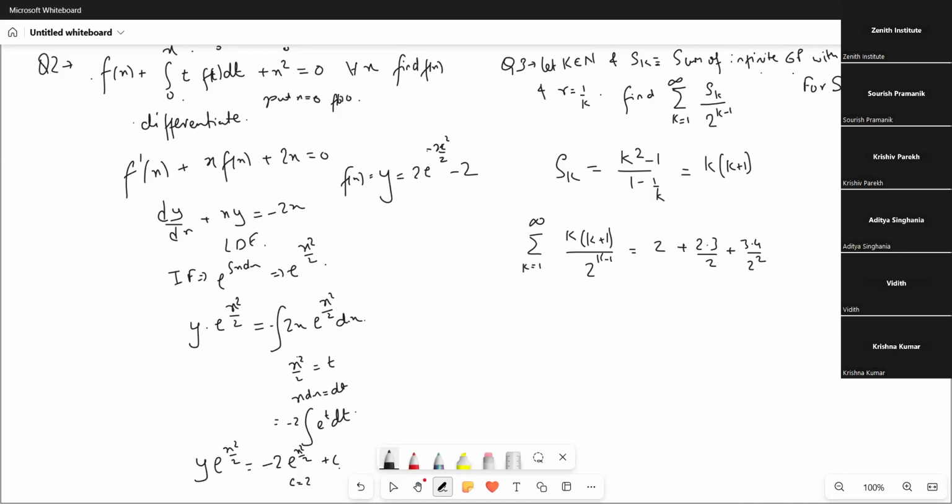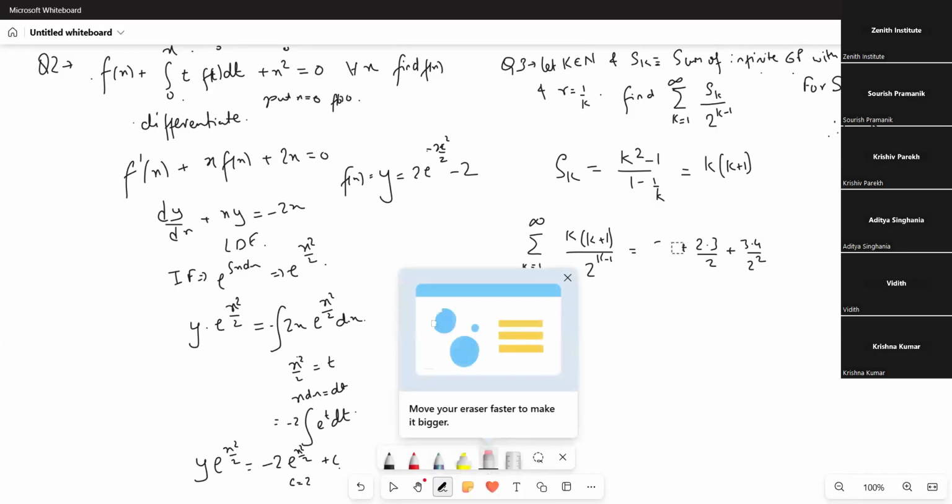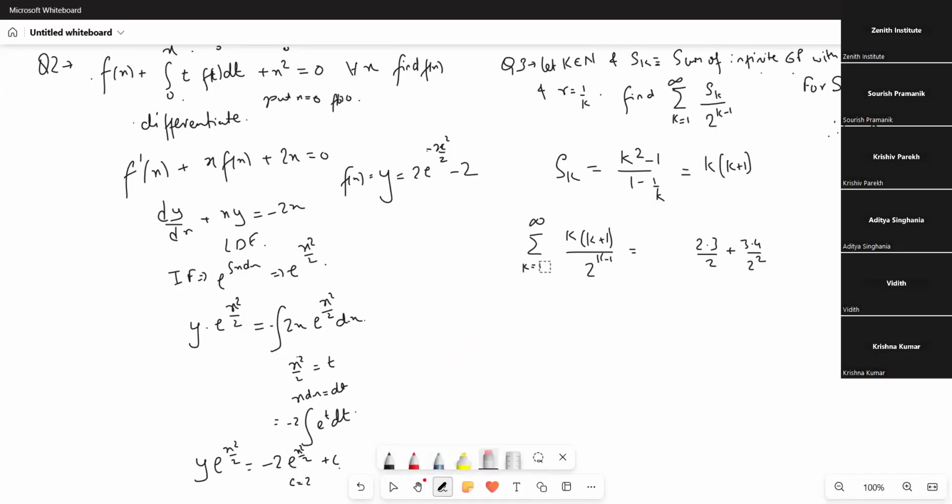Therefore s1 will be 0. So this sequence will start from 2. The summation will start from 2, not 1.